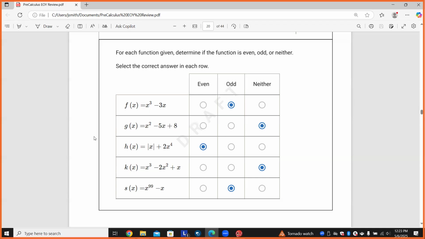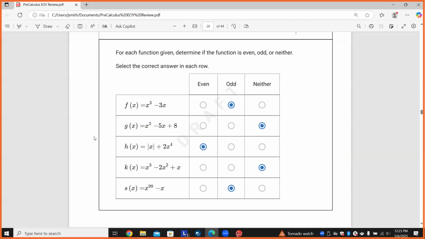Absolute value. When you plug in an absolute value, what is the answer always going to be? What other exponent does that? What always makes it positive other than absolute value? So anytime your answer is always going to be positive, it's actually treated as an even.